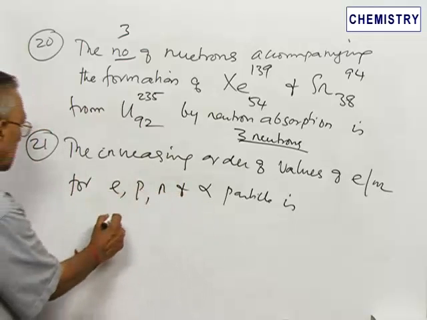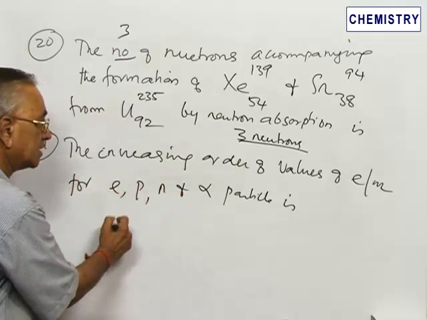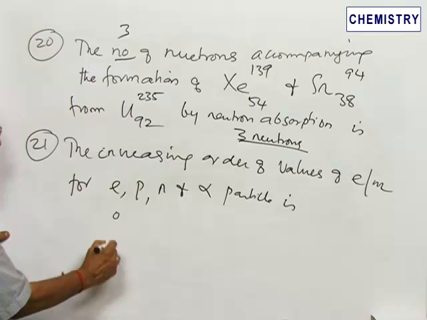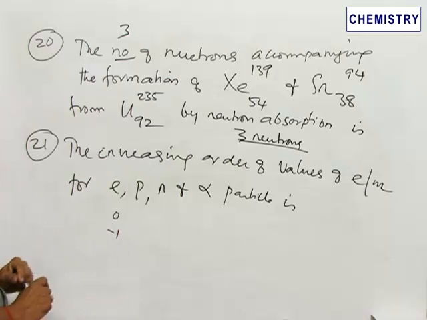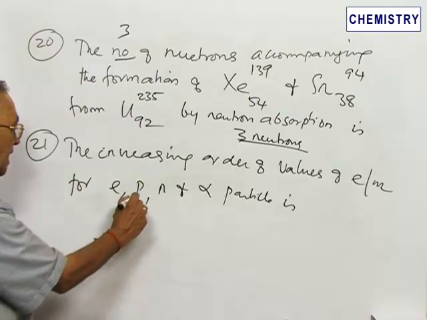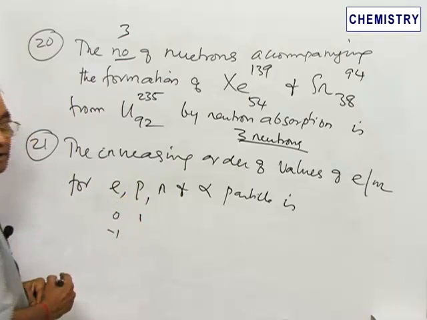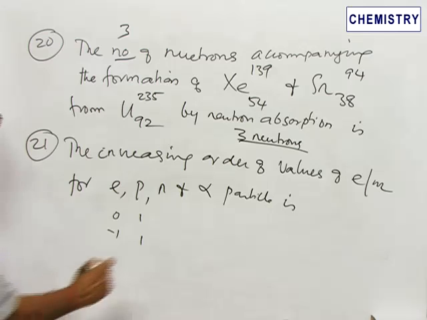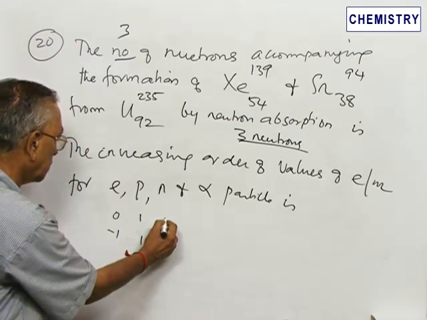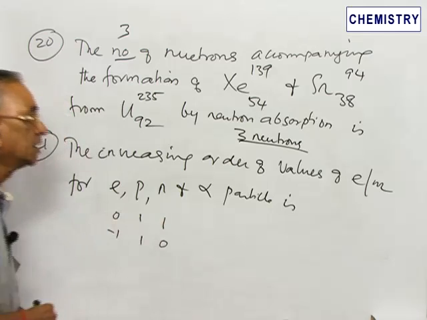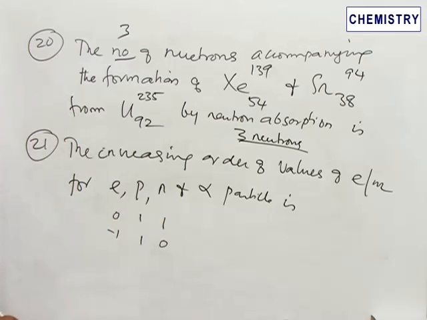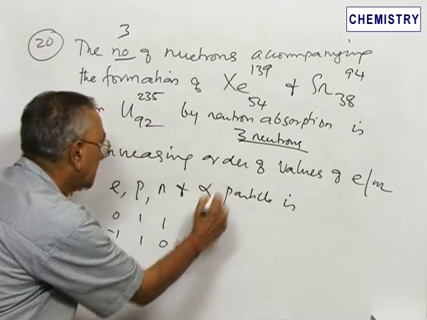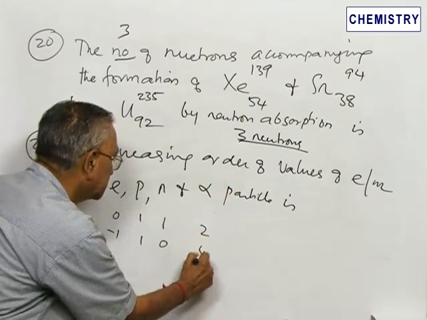You know the charge of an electron is -1 and its mass is 0. The mass of the proton is 1 and its charge is +1. The mass of the neutron is 1 and its charge is 0. There is no charge for the neutron. And for the alpha particle, the charge is 2 and the mass is 4.